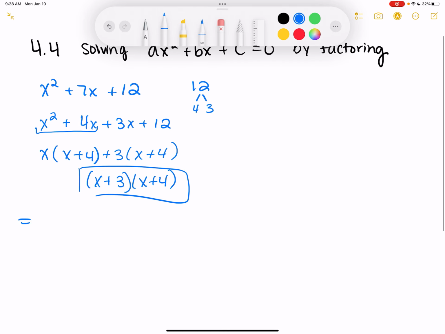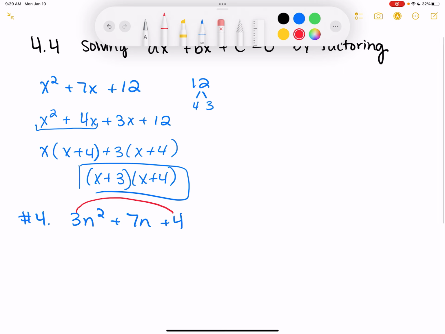So, number 4, you just say factor the expression. If it can't be factored, just say not factorable. So, 3n squared plus 7n plus 4. We call this the arch method because you're taking the number in front and multiplying it by the number at the end.